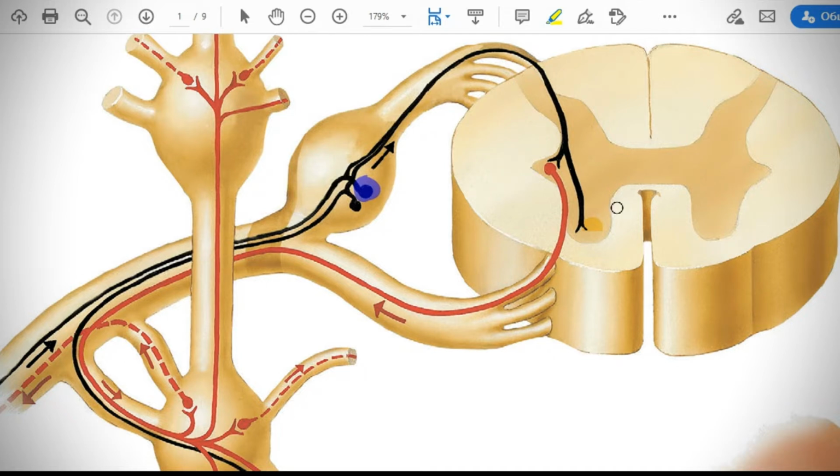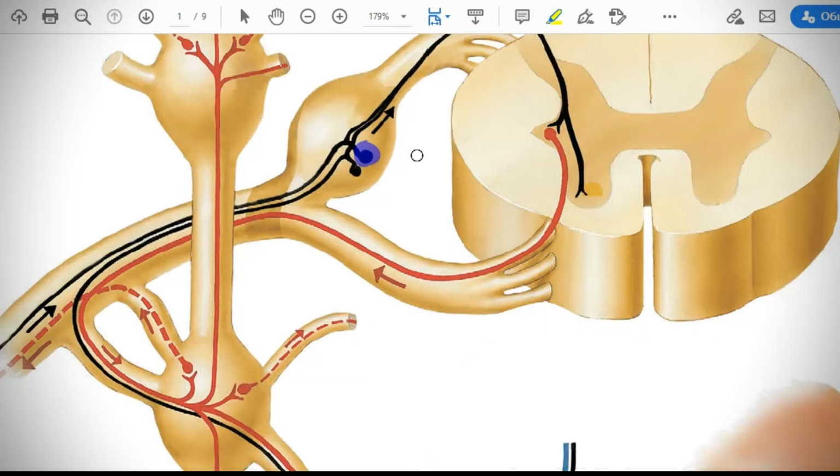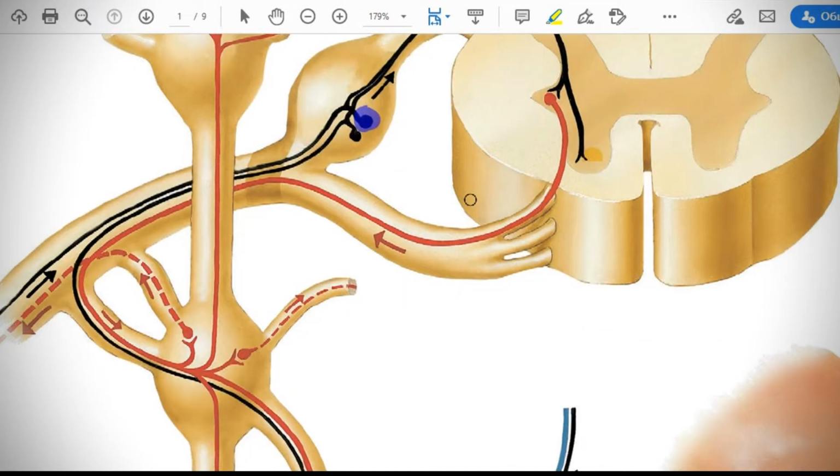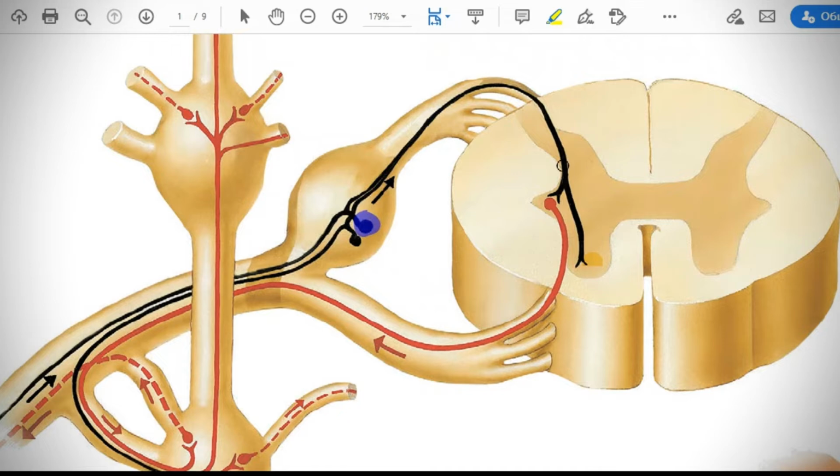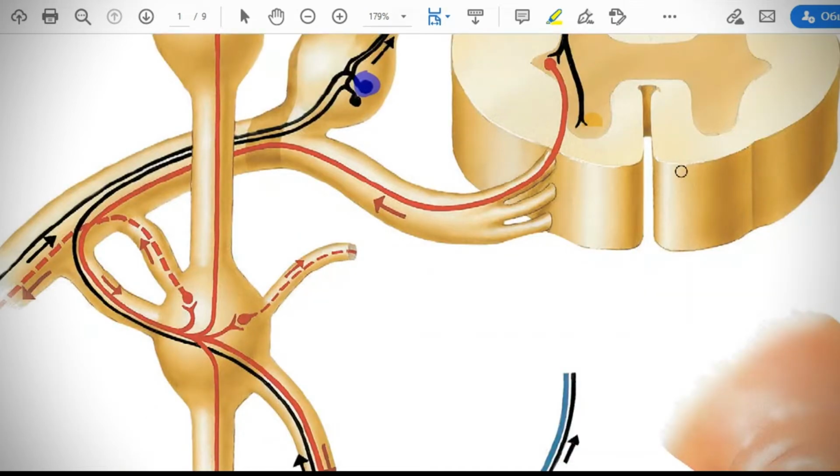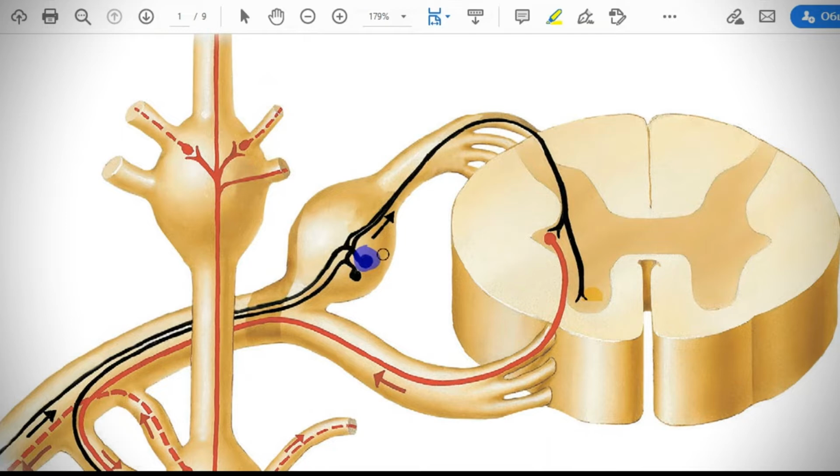This is a simple reflex. The autonomic nervous system consists of sympathetic and parasympathetic systems, but it doesn't matter which one, the reflex arc will be similar. As I told you, it has a two-neuron afferent chain, so the afferent part is the same.